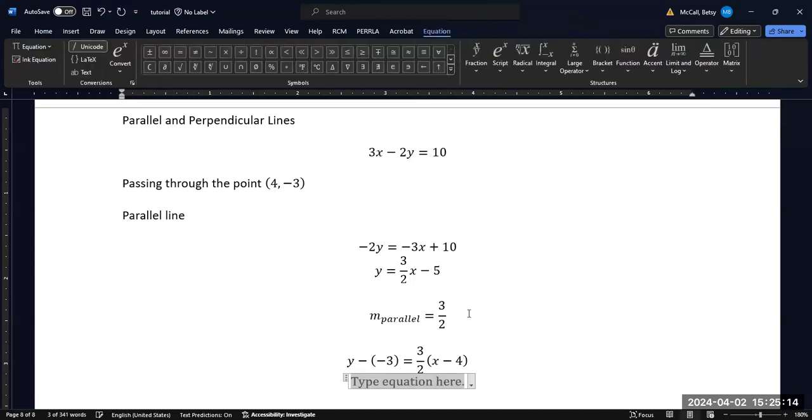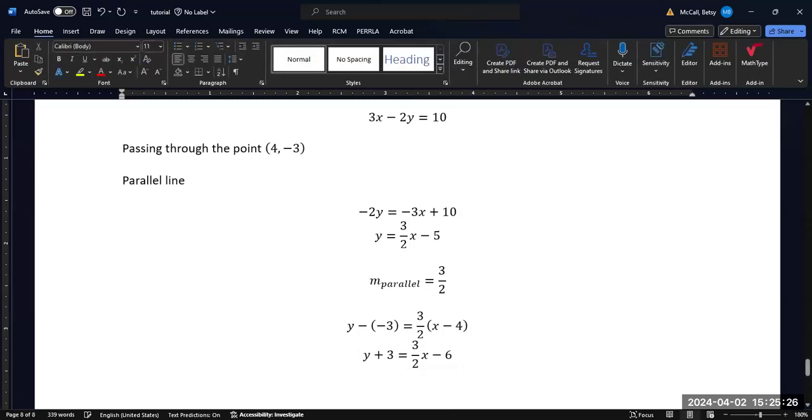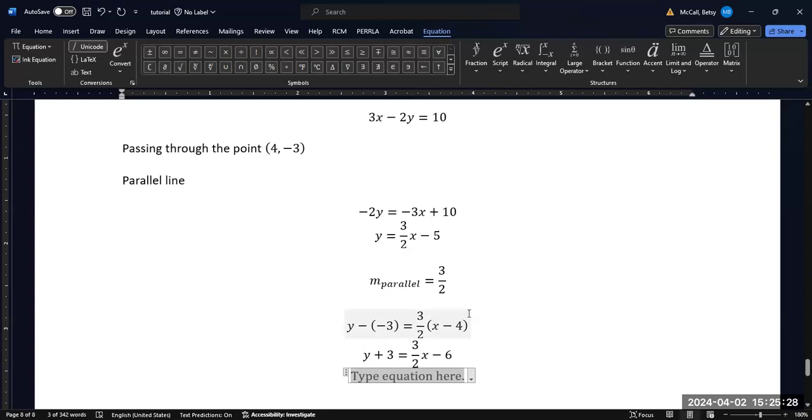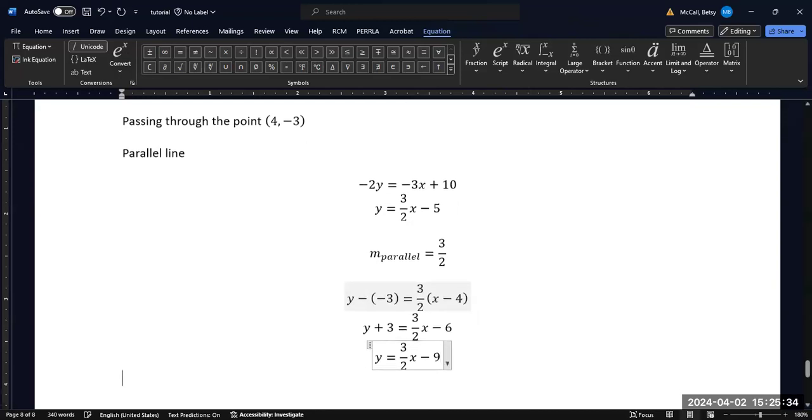And then if I simplify, y plus 3 is equal to, let's distribute my 3/2, 3/2 x minus, well, the 2 and the 4 are going to partially cancel and leave me with a 6. And then if I subtract 3 from both sides, y is equal to 3/2 x minus 9.